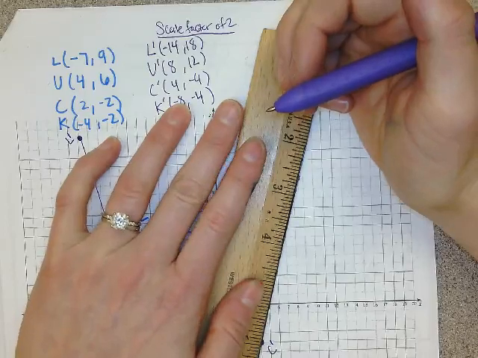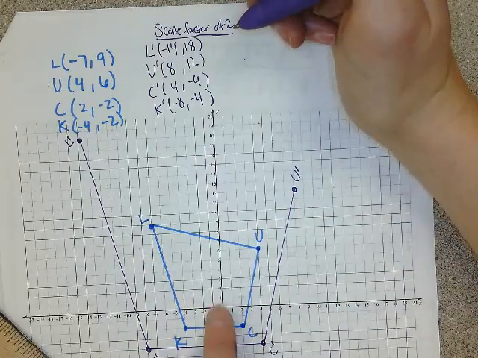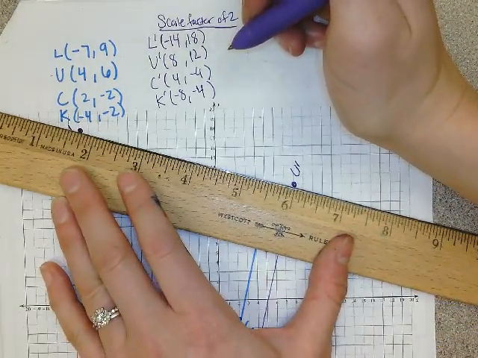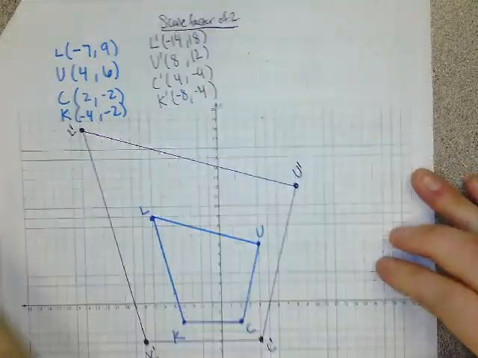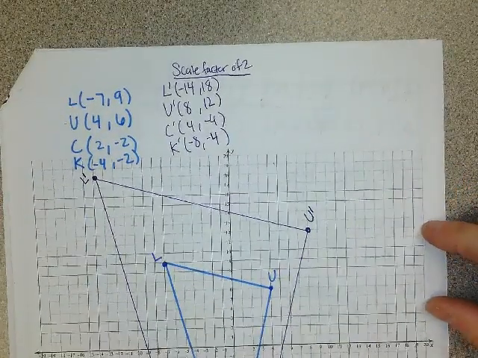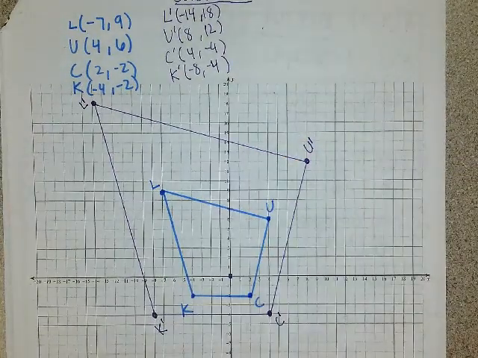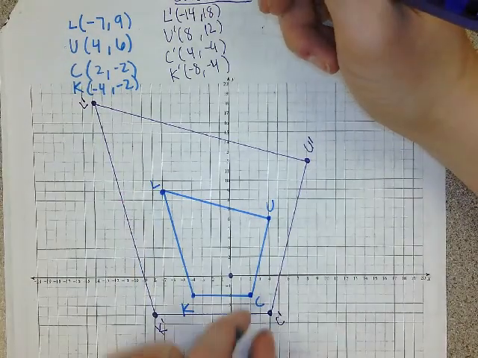All right, so our center of dilation is our origin. Okay, so I want you to think about that for a second. So our center of dilation was our origin, okay? So look at the difference between L and L prime, and then look at C and C prime.